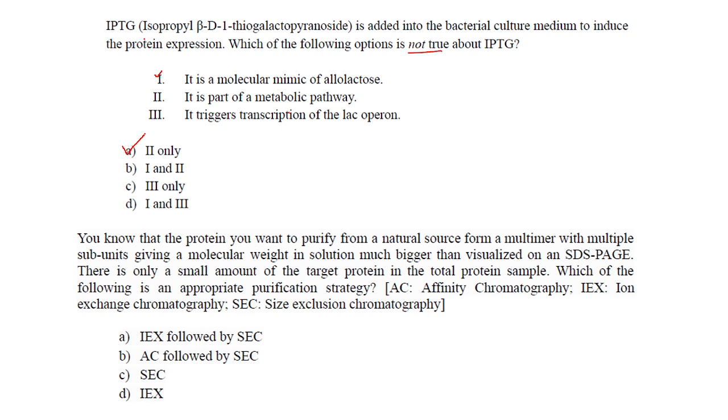So the molecular weight of the protein in solution suggests that ACC would be appropriate because it's a multimer. However, the filtration properties of ACC matrices, compared to the capture properties of ion exchange and affinity chromatography, mean that only small sample volumes can be loaded on ACC columns, typically 1% of the column volume.